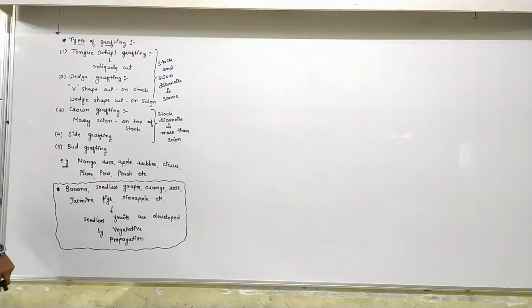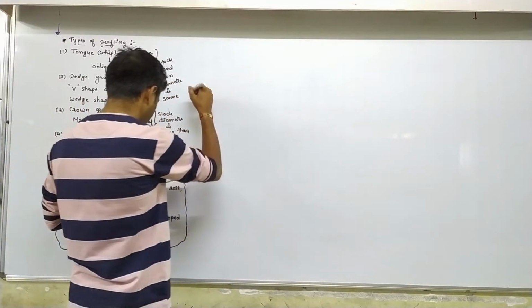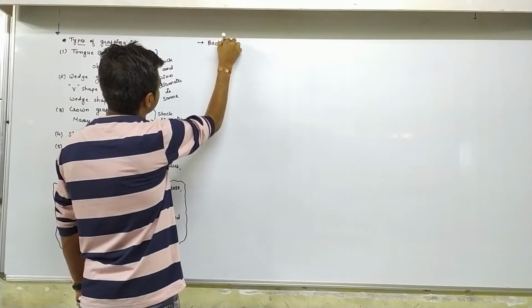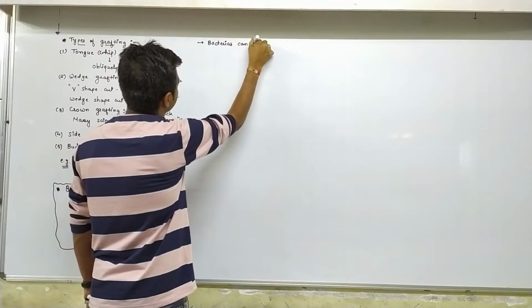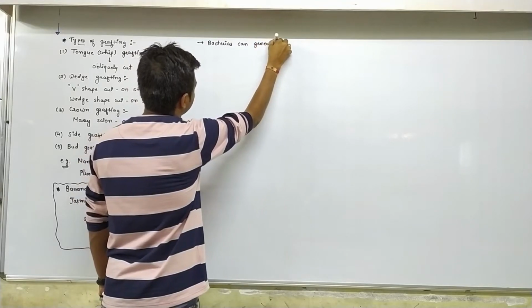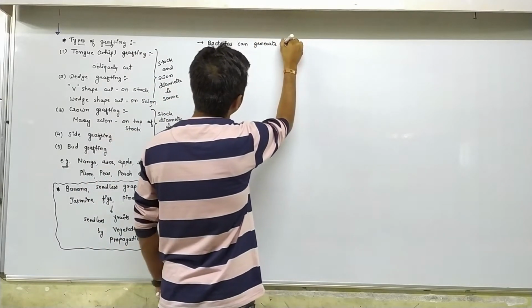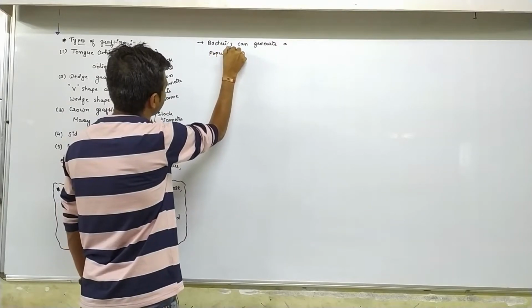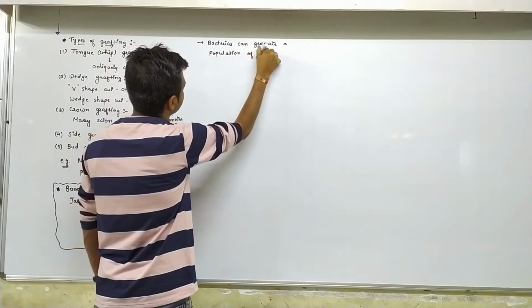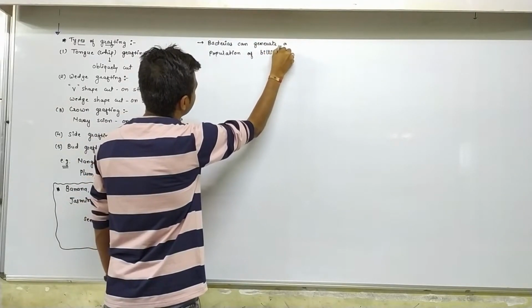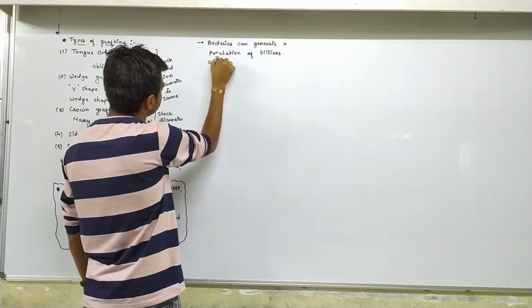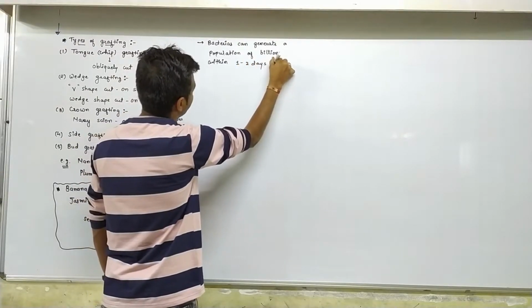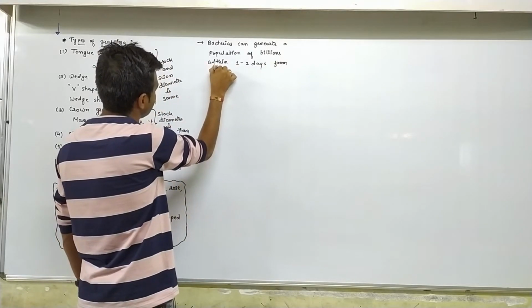Here, in asexual reproduction you see that bacteria can generate a population of billions within 1 or 2 days from one cell only.